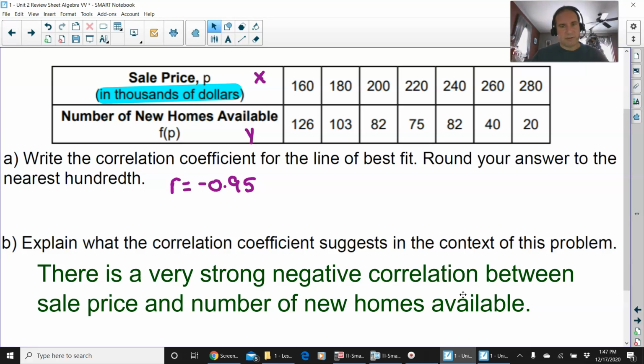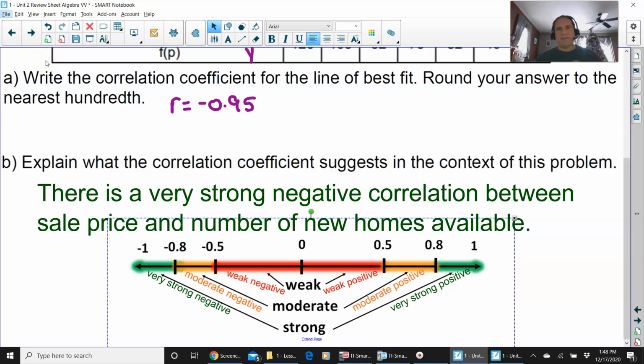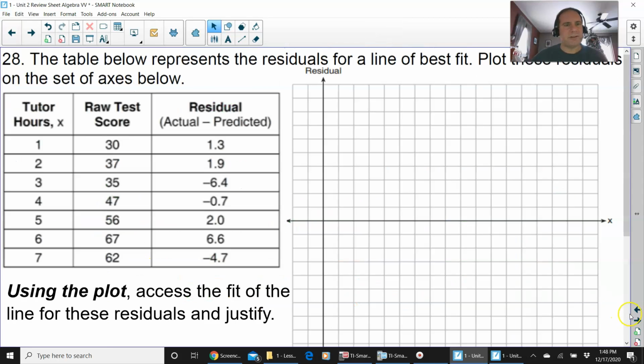I just want to make sure that you understand that very strong negative correlation between those two, and you just copy down the two variables, what they say. They are sale price and number of new homes available. I always bring this graphic up, like when you have that negative 0.95, you're over here somewhere. All right, very strong negative. All right, and that is it for that question.